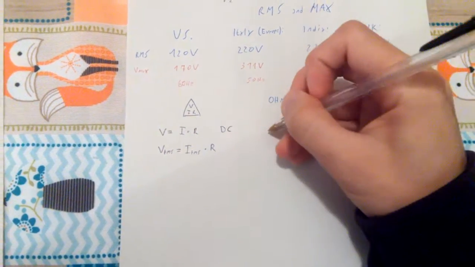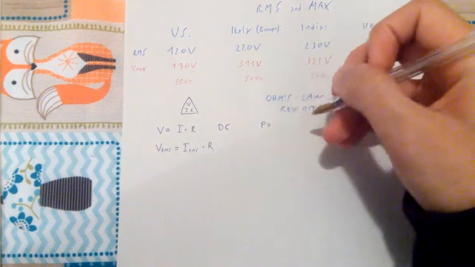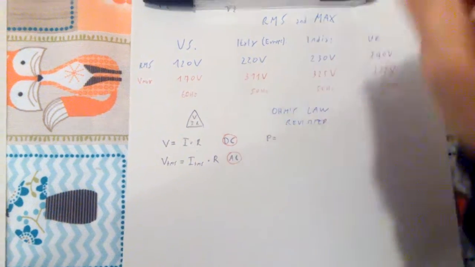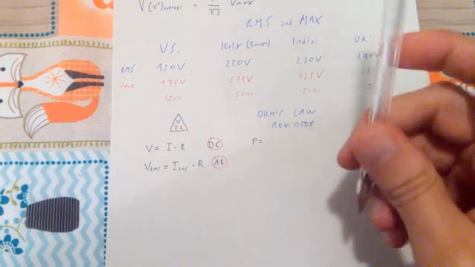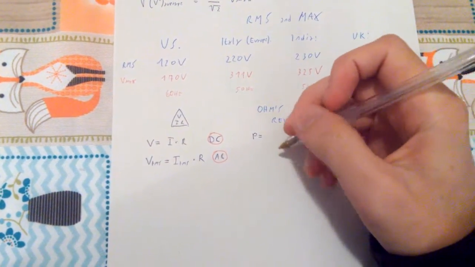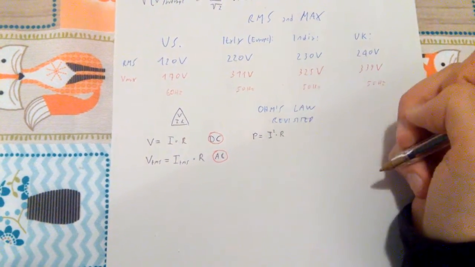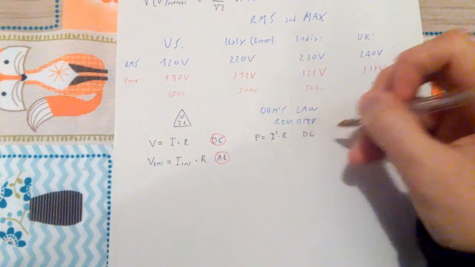Then what about the third law, which says that the power is I squared times R in DC?